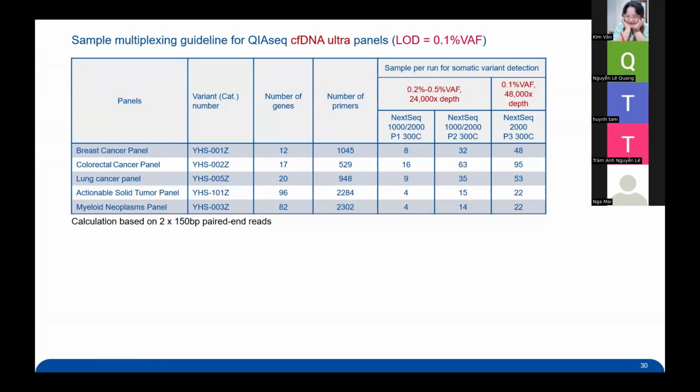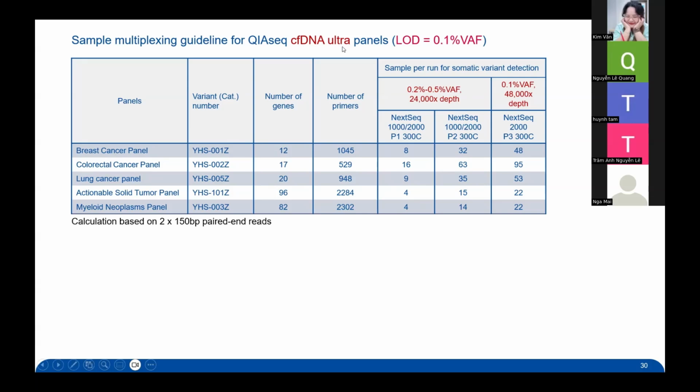for early-stage detection, or even follow-up after you have treated with precision medicine, you definitely want to know that the last single cell of the cancer is gone, or else it will relapse and come back. So we have another kit called cell-free DNA Ultra.